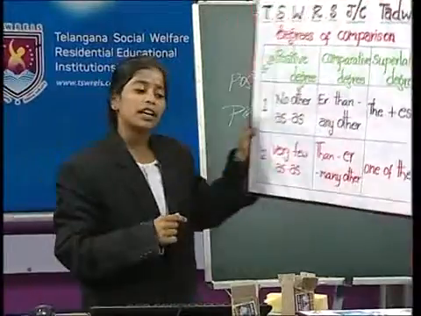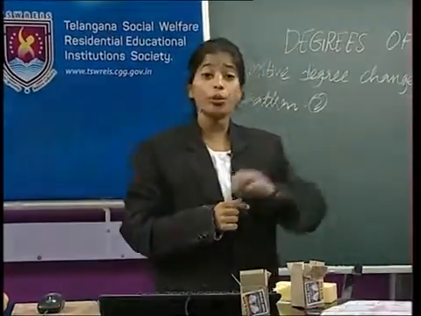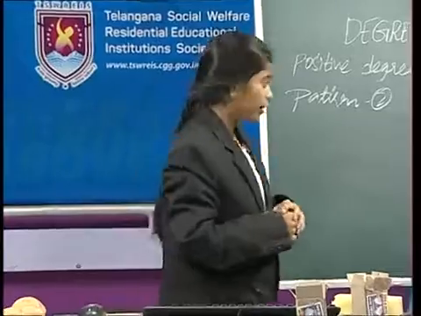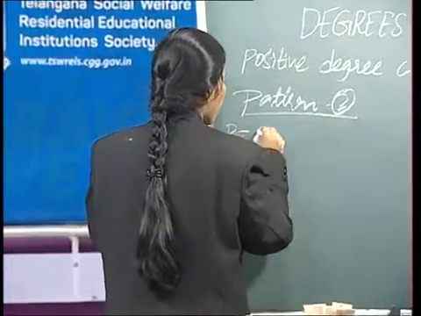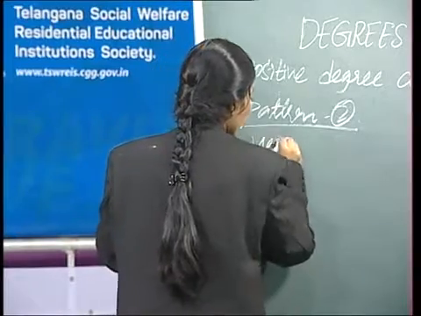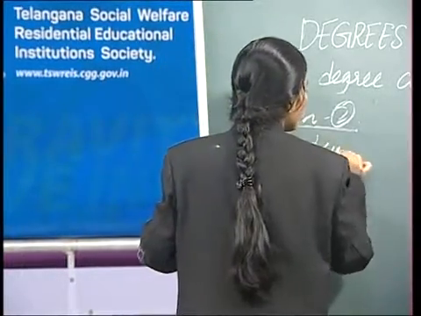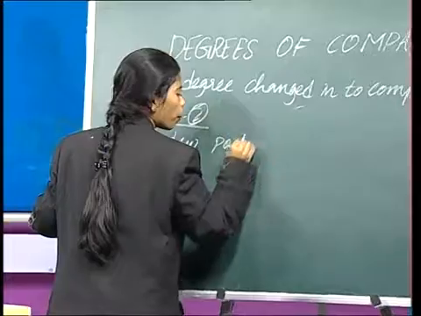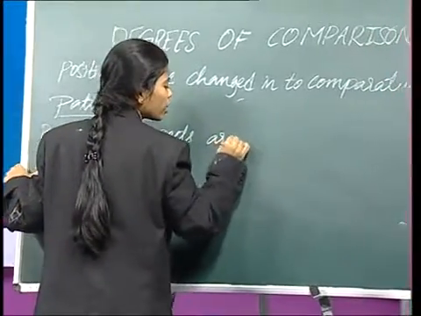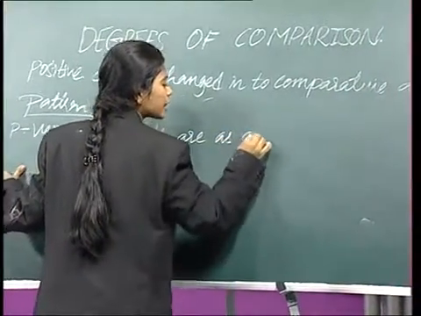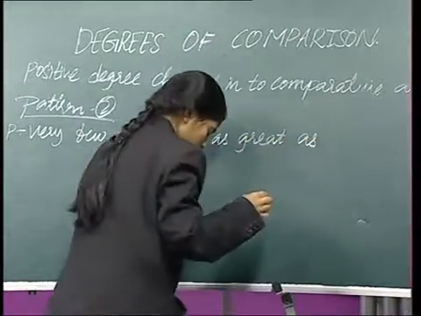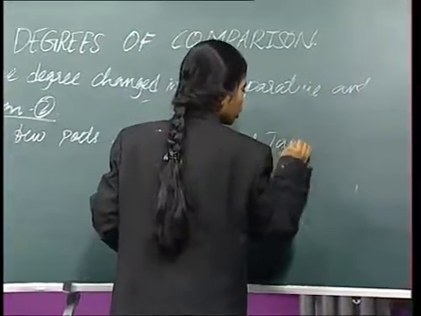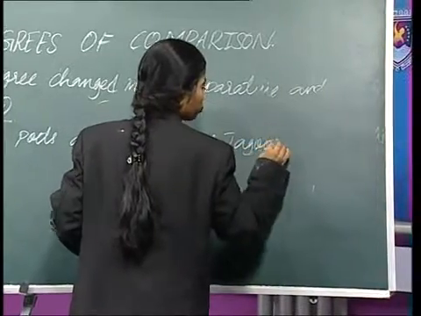So, friends, let us know the pattern 2 examples, what they are in positive form. Very few poets are as great as Tagore.